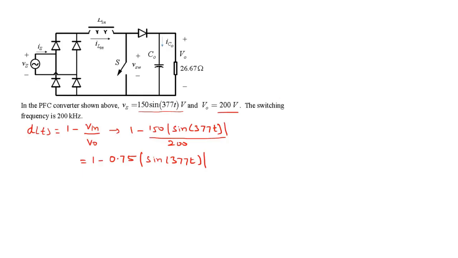So this is a straightforward application of a formula. So we are in part B. The formula that we had, similar to a boost, is delta IL peak to peak is VO D 1 minus D TS over L, and we want the worst case.